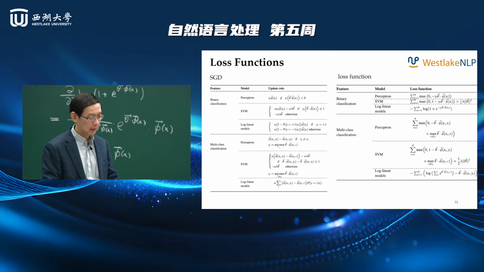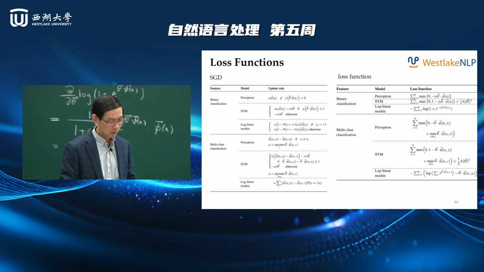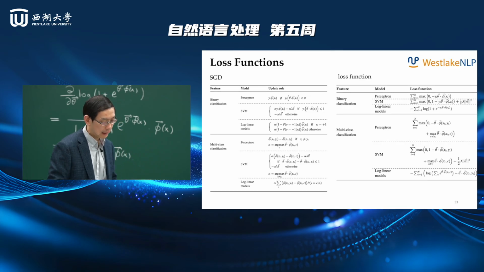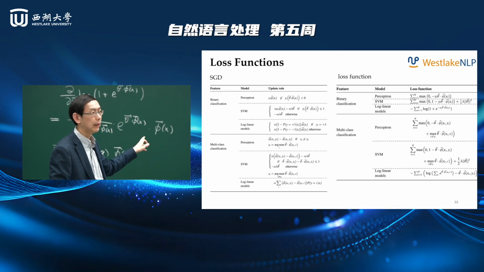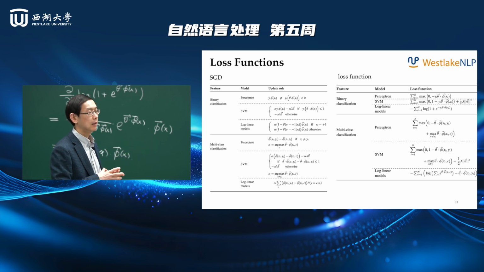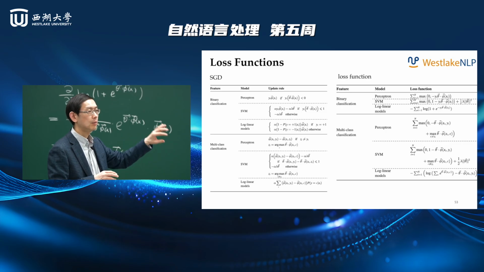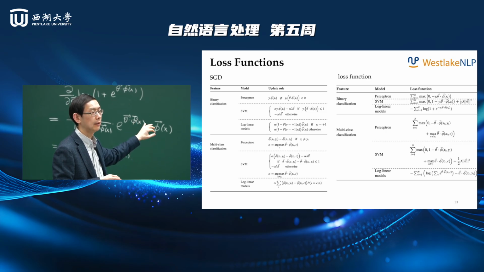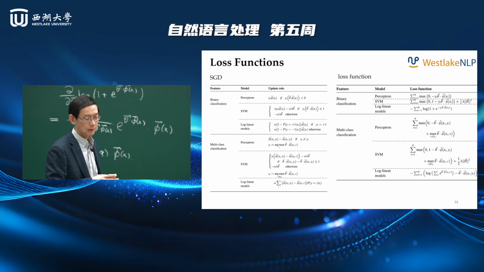So again, I summarize this to you. On the left-hand side is the gradient. On the right-hand side, it's the training objective function, right? The training objective function decides the gradient and decides the parameter update. Okay.